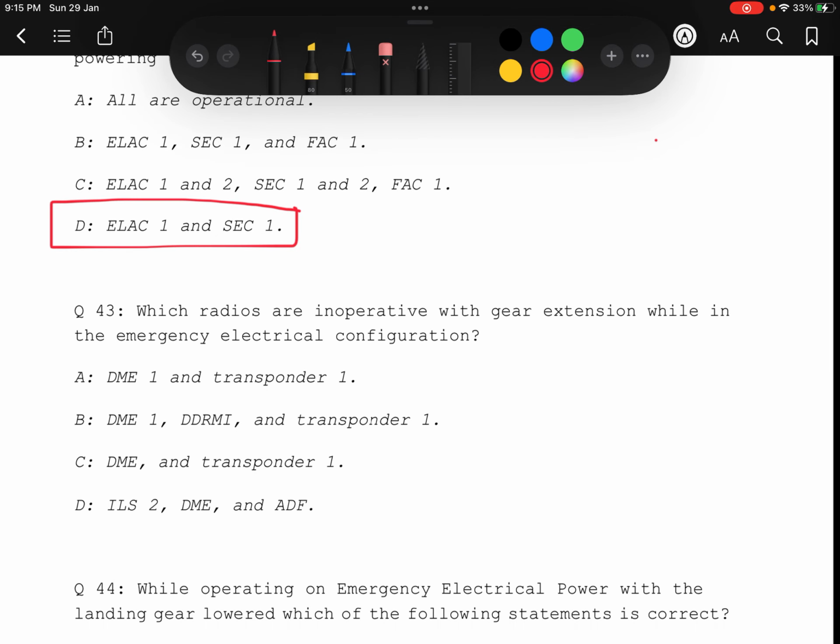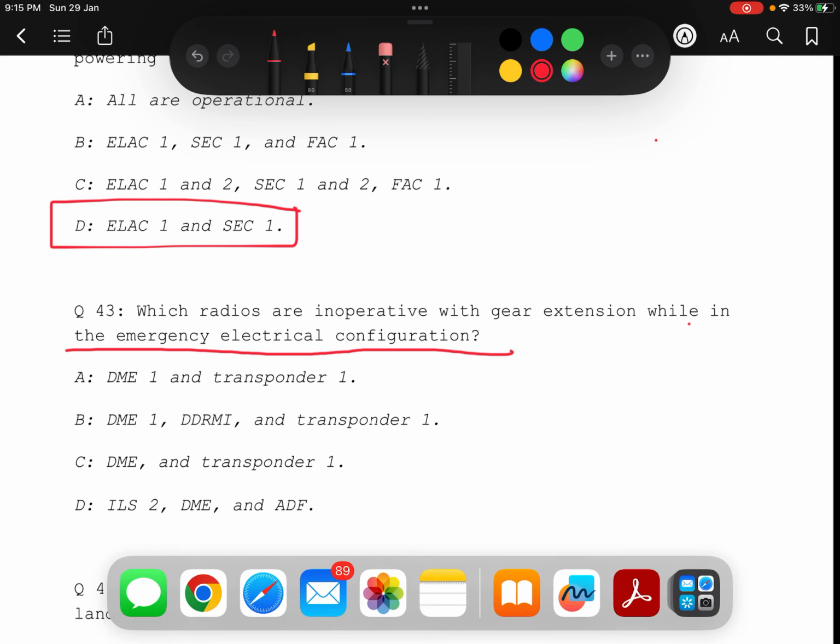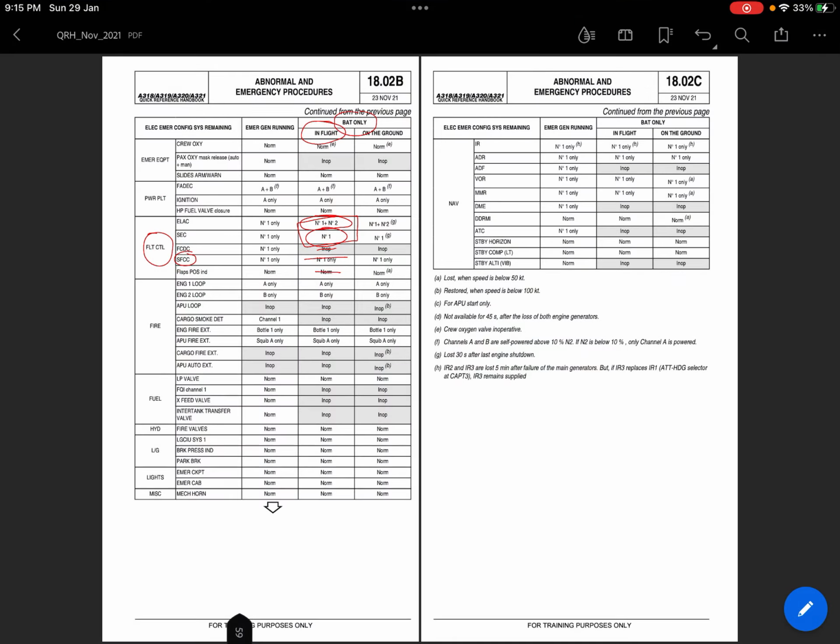Which radios are inoperative with gear extension while in the emergency electrical configuration? So we'll go to the same page again in the QRH. They are talking about radios, but they are giving options of DME1, transponder, DDRMI, and ADF, etc. So we'll go to that QRH.